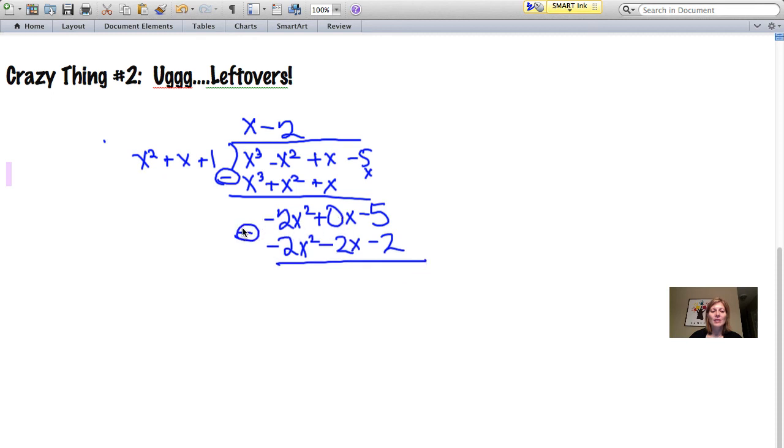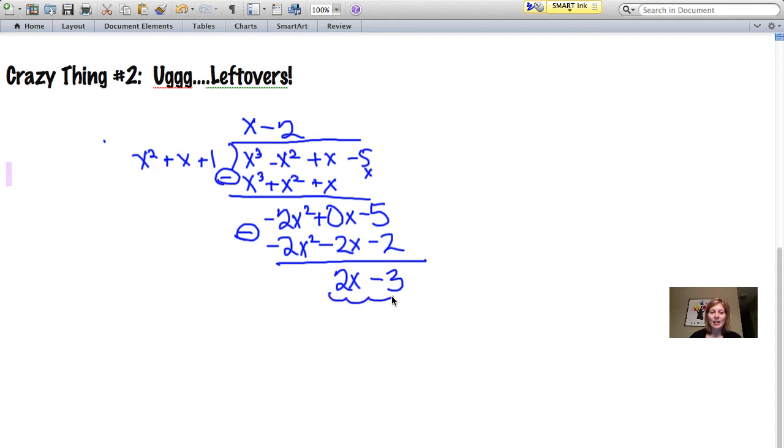Those two eliminate. 0 subtract negative 2x gives me a positive 2x. And negative 5 subtract negative 2 is negative 5 plus 2, which is negative 3. So now we try it again. X squared goes into 2x. Oh, it doesn't go into 2x because this degree is less than this degree up here. So therefore, we can't go any further.